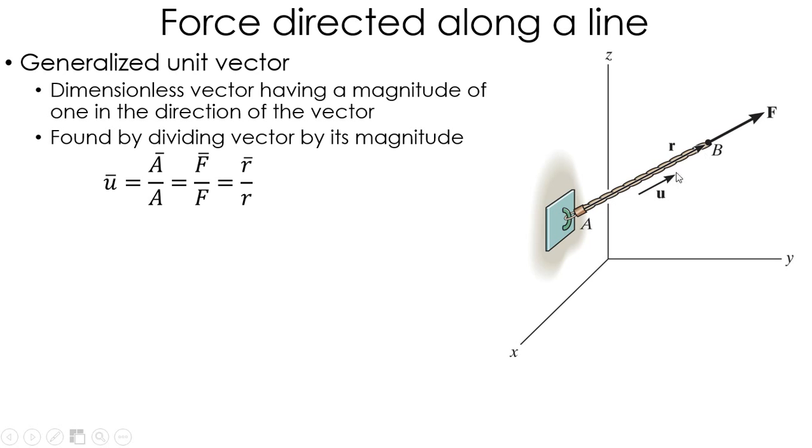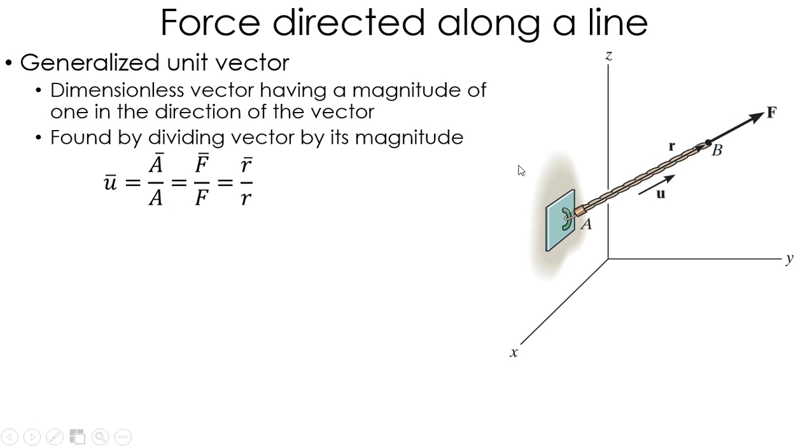All I need to do is figure out how to get that to have a magnitude of 1 in that direction. I do that simply by dividing any vector by that vector's magnitude. So any A vector divided by the A vector's magnitude will give me my unit vector.